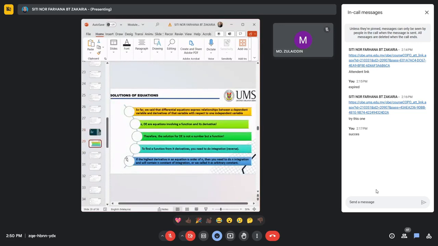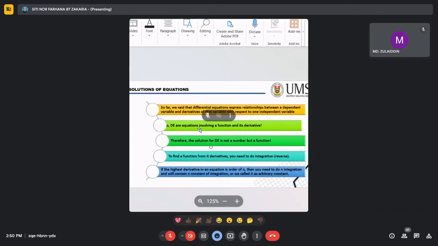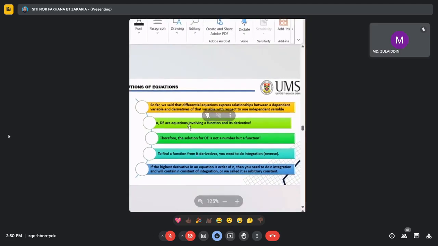So far we say that dE expresses the relationship between dependent variable and derivative with respect to one independent variable. So dE are equations involving a function and its derivative. As I mentioned previously, dE does not have solid numbers as its solution. Its solution is a function.